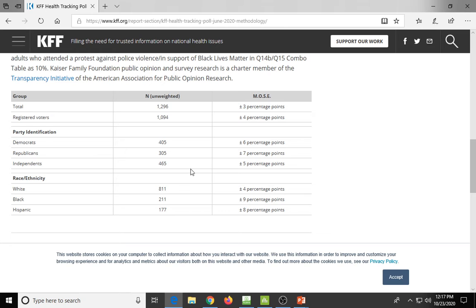If you take a look at this, for African Americans, there were 211, so n was 211. Let's do a 95% confidence interval. How much area would we put at the tail ends?